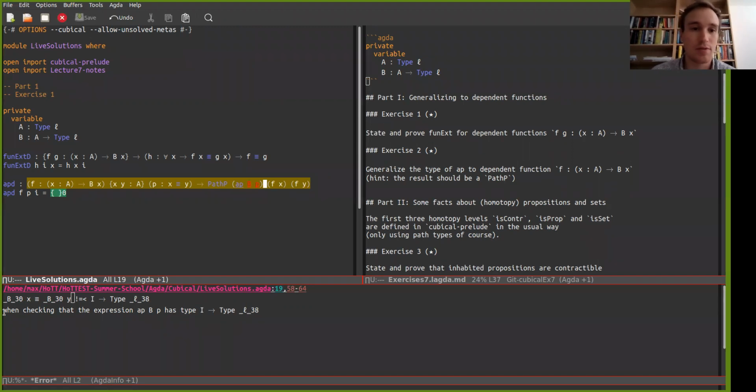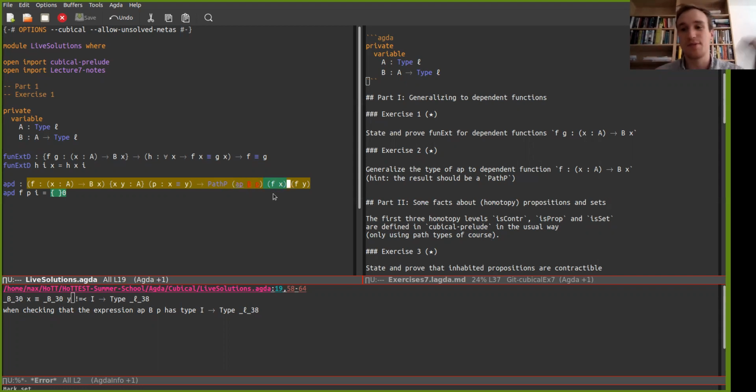So we have more information here. This is a family from the interval into types, but we also know what this family computes to on the endpoints, namely B of X and B of Y. But when we write down a path P, we're only interested in giving the family and then checking that these endpoints belong to the correct type.